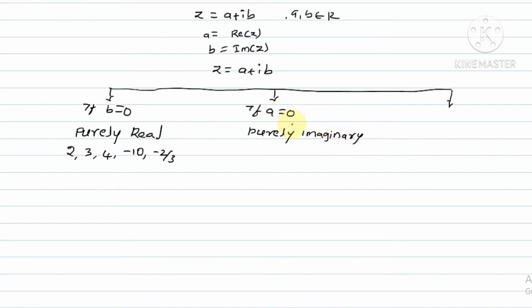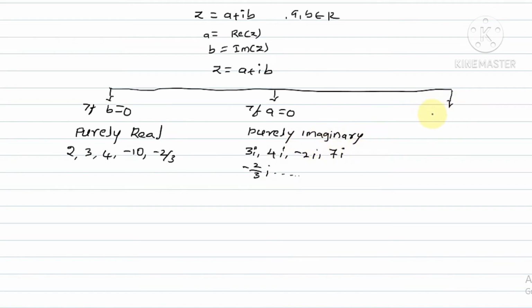So a value equal to 0 means the real part is going to vanish, so only z equal to iota b is left. Purely imaginary numbers means the real part is missing. So we can write 3 iota, 4 iota, minus 2 iota, 7 iota, minus 2 by 3 iota, and so on. These are the purely imaginary numbers.